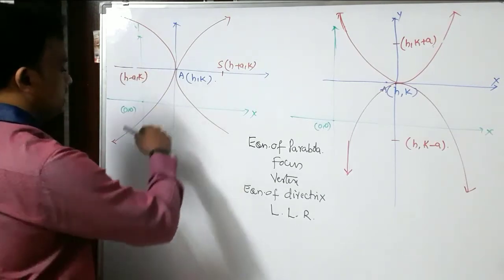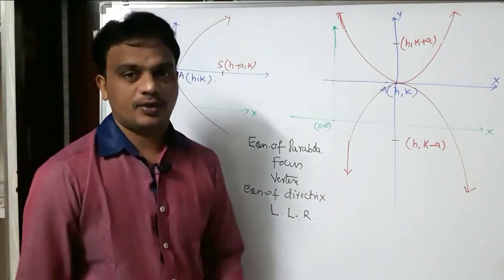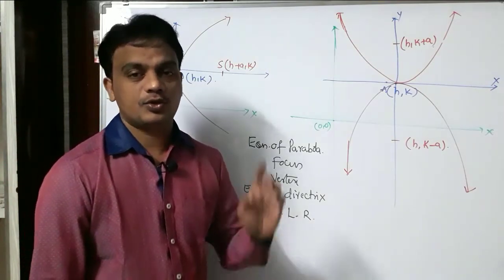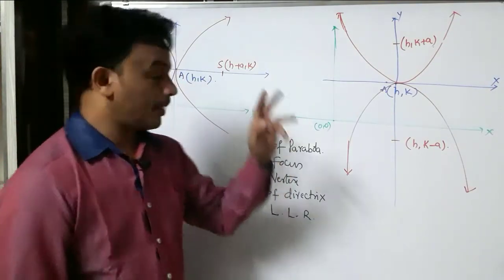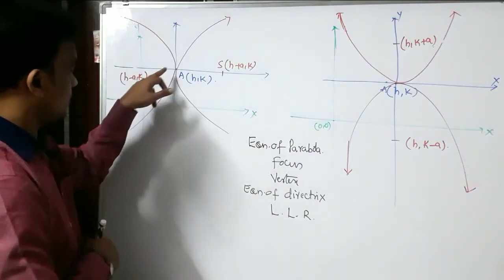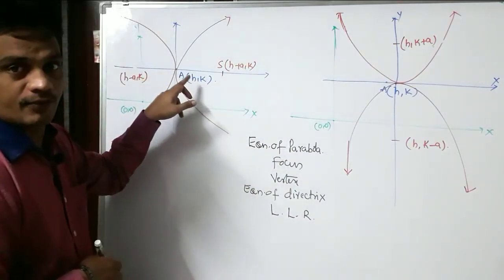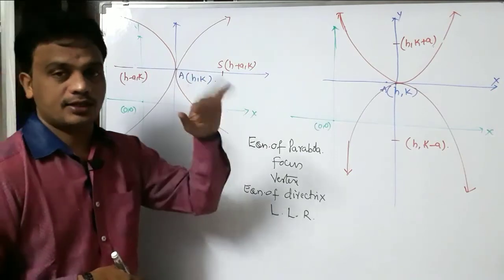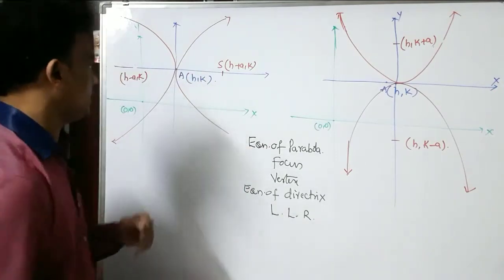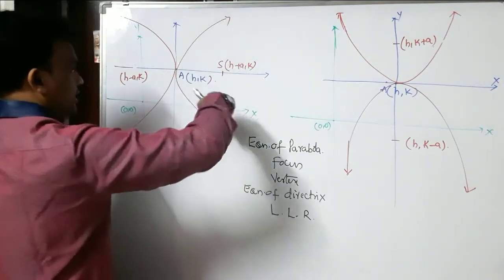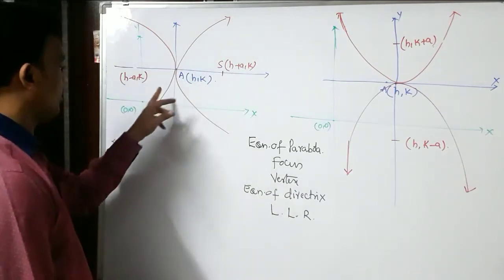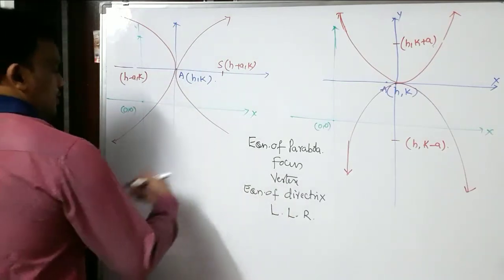Already we discussed the four forms of the parabola whose vertex is 0, 0, the origin. Now this origin is shifted to the point h, k. Whatever the four forms, we are going to get another four forms. What are those? Let us see. This right-handed side parabola becomes, what is the equation of that one?